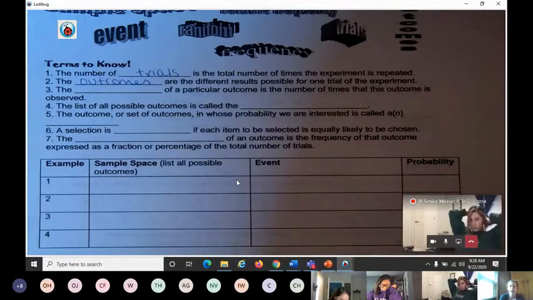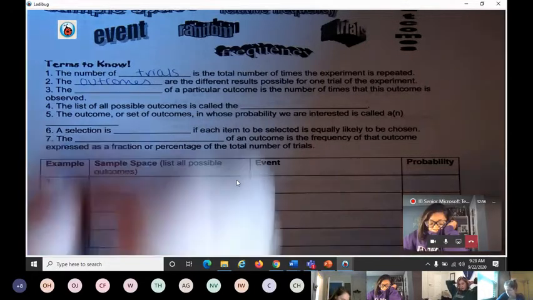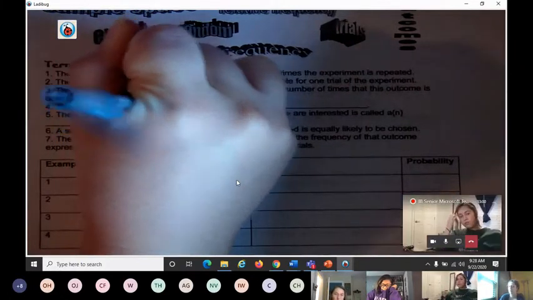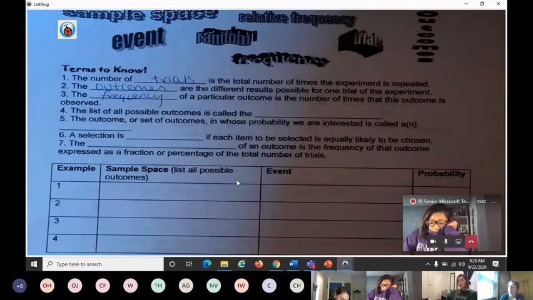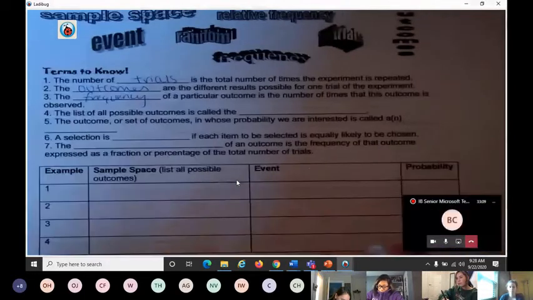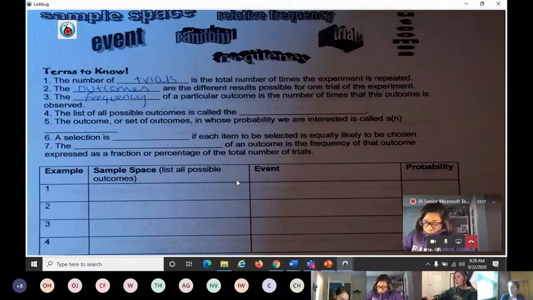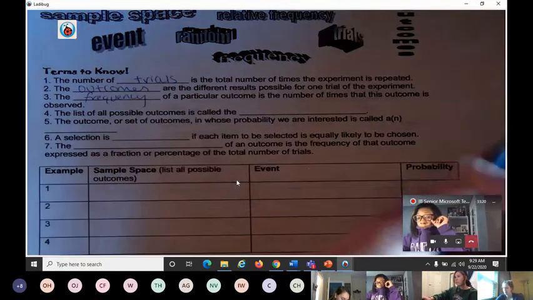Okay, and then we have the frequency of a particular outcome is the number of times that this outcome is observed. Right, and then the list of all possible outcomes is called the sample space.